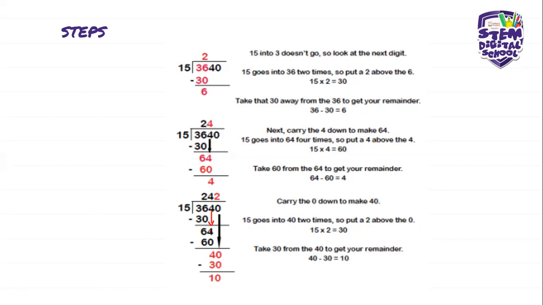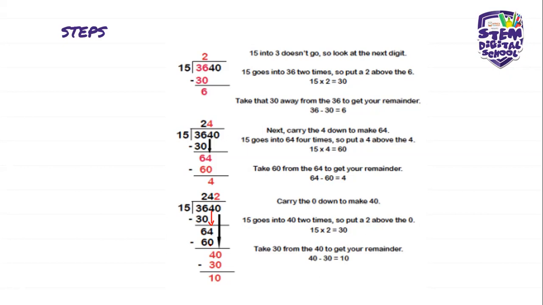Now I'm supposed to say that 15 goes how many times into 64? It goes 4 times. And then what happens after that? 4 times 15 is what?